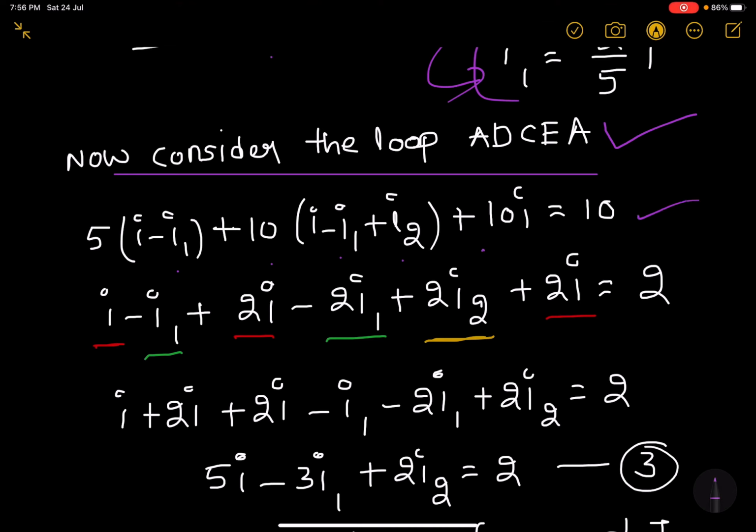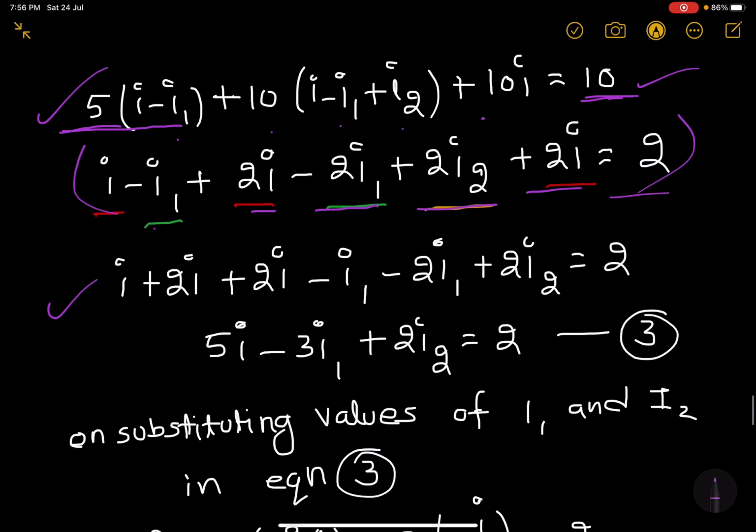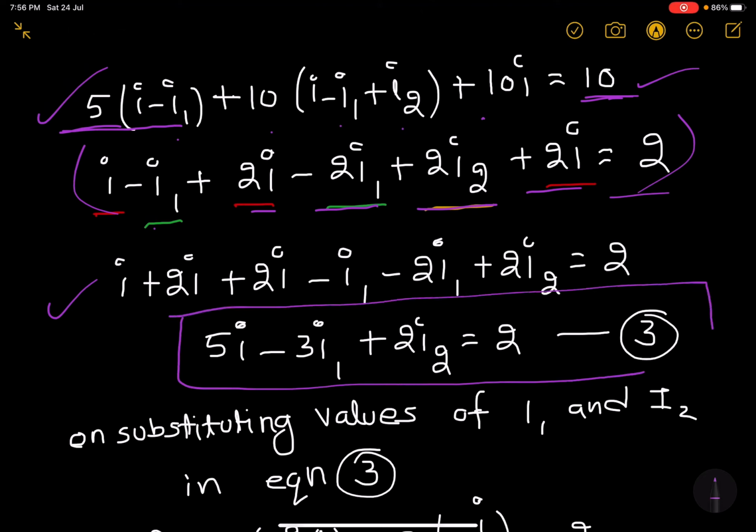Taking 5 as the common factor, we get I minus I1 plus 2I minus 2I1 plus 2I2 plus 2I equal to 2. Comparing all this, I got 5I minus 3I1 plus 3I2 equal to 2.